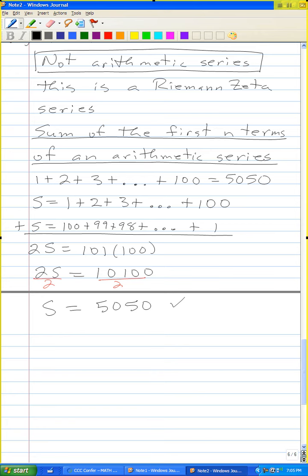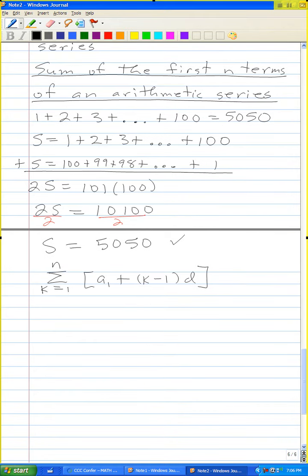And so it turns out that if you do that in general, suppose you have an arithmetic series, and let's call the common difference d, and you add up the first n elements of it.